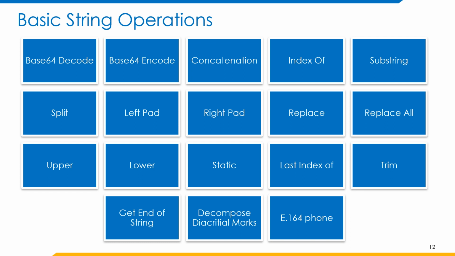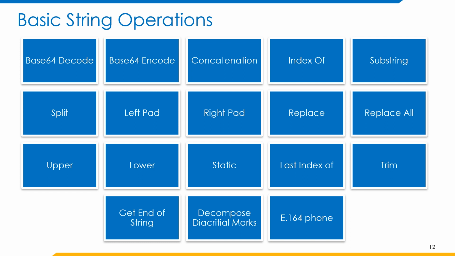Last index of. The last index of transform is used to get the last position of a specific substring. Trim. The trim transform is used to trim white spaces from both the beginning and end of the input string. Get end of string. Get end of string is an out-of-the-box rule transform provided through SailPoint's cloud service deployed util rule.